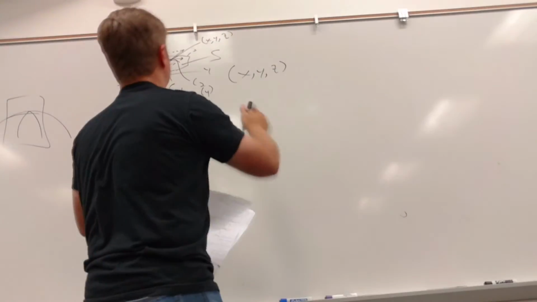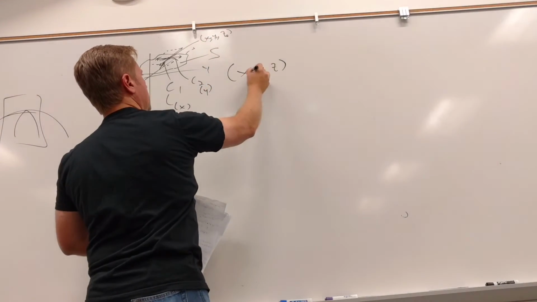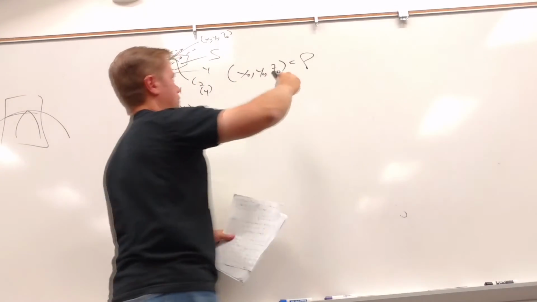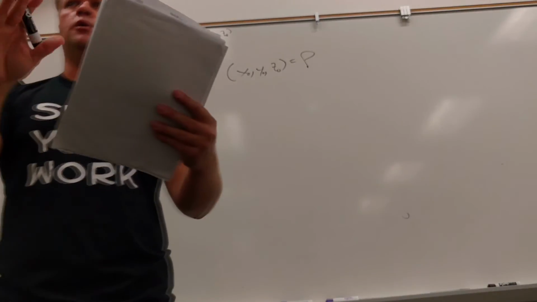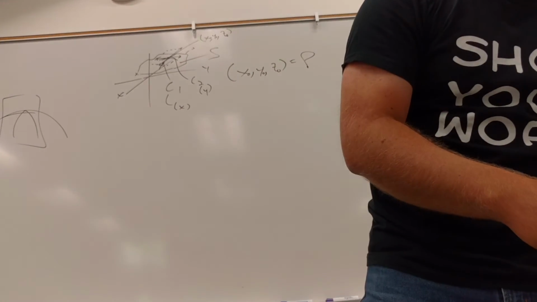So let's make this more specific. We have x naught, y naught, z naught as our point. All we need now is a normal vector.